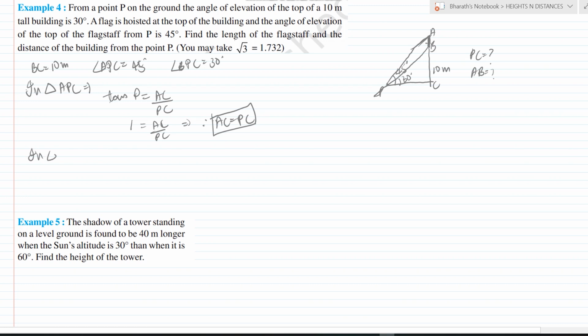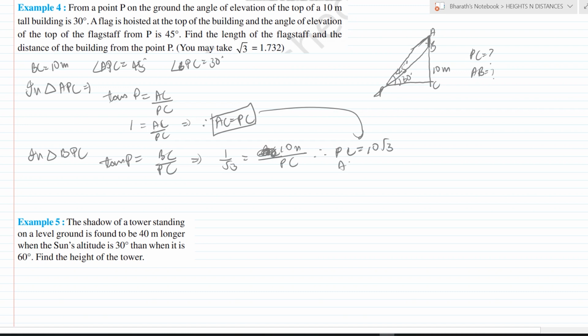Now in triangle BPC, tan P is equal to BC divided by PC. Now tan 30 degrees is 1 by root 3, which is equal to BC, which is 10 meter, divided by PC. Therefore, PC is equal to 10 root 3. Since AC will also be 10 root 3 meter.